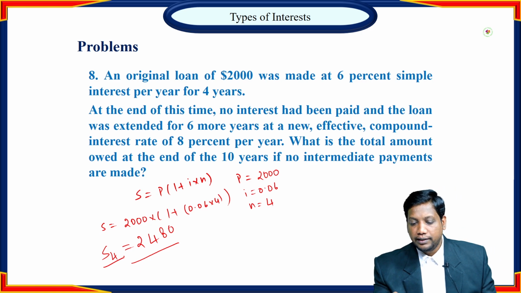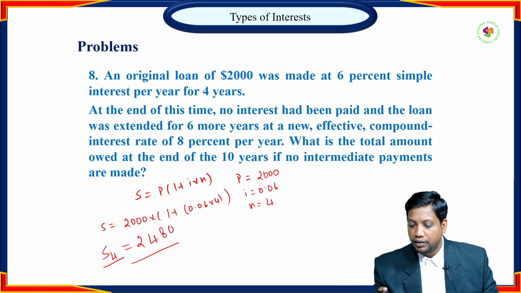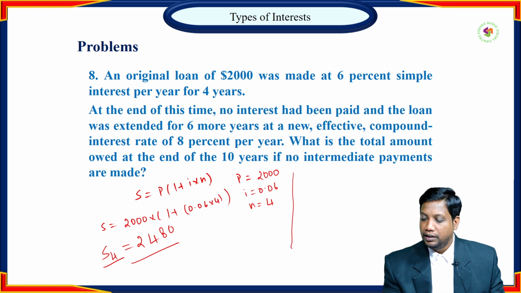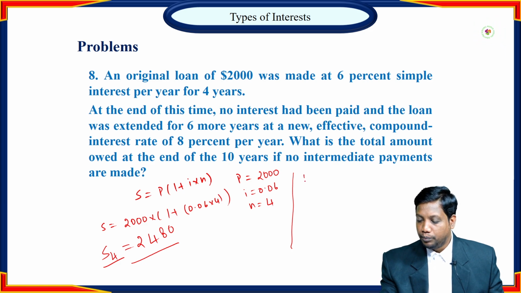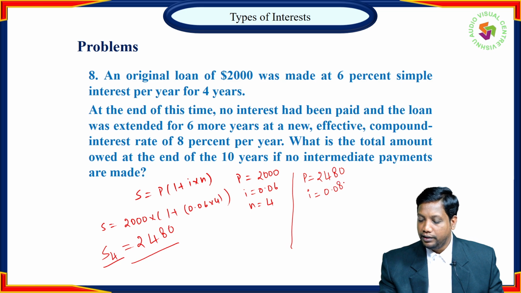But they have stated that no intermediate payments have been made and the loan has been extended for 6 more years. And in the upcoming 6 years, it has been stated as compounding at 8%. So the principal amount here will be 2480. Then the interest rate is given as 8%, 0.08. n is given as 6 years.